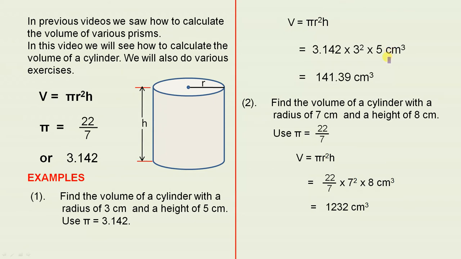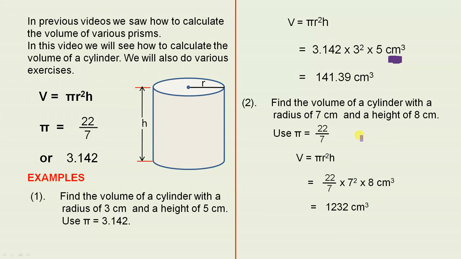And the volume is always cubic centimeters. So if we're working with centimeters, which we are, the volume will be cubic centimeters. So when we calculate those numbers there, that is the volume of the cylinder.